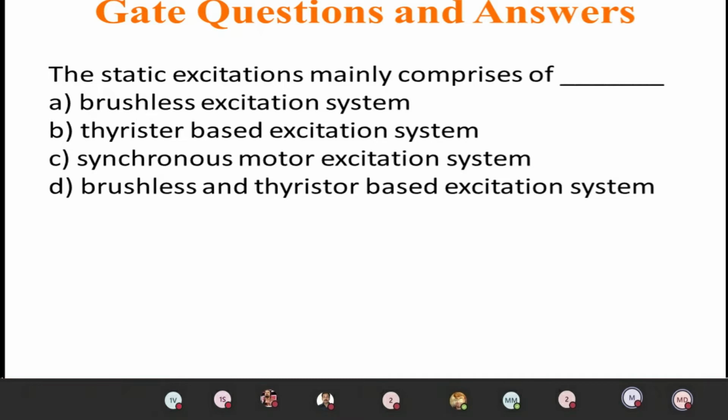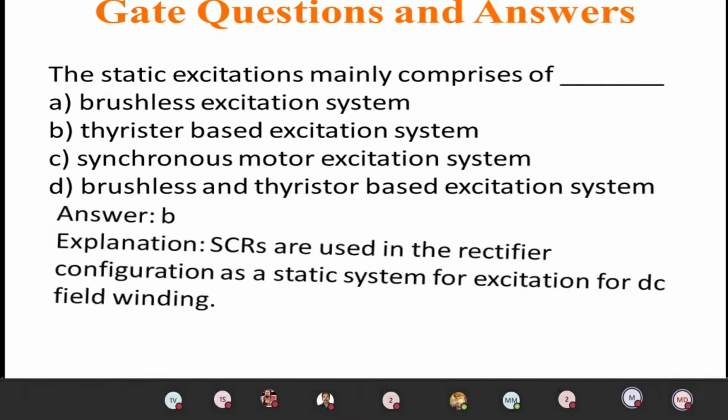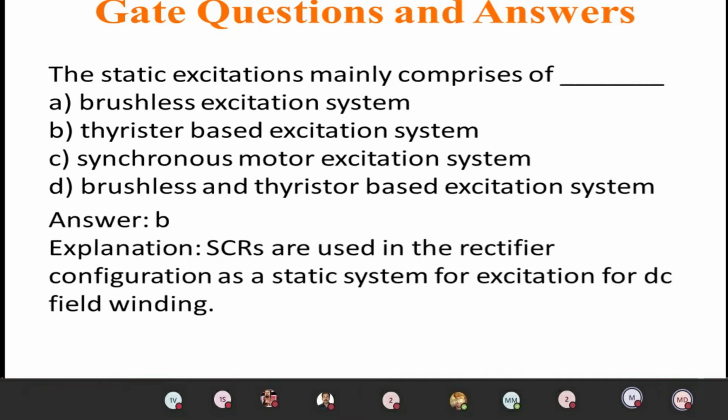That is option B, thyristor. The common name is SCR, silicon controlled rectifier, used in the rectifier configuration as a static system for excitation of the DC field winding.